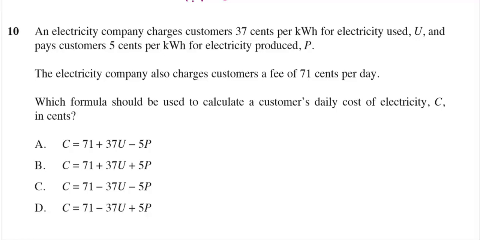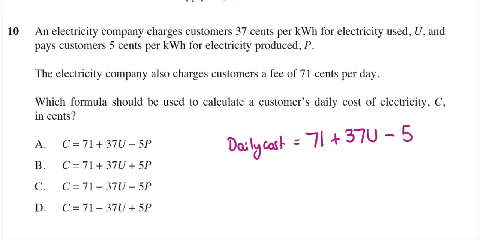Right, so the daily cost consists of a fixed component, which we are told is the 71 cents. We need to add in the usage charge, which is 37 cents, so that's 37 times U. And then we're going to subtract the 5 cents for every kilowatt hour produced, because that money's going the other way.